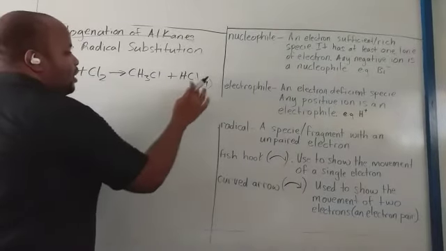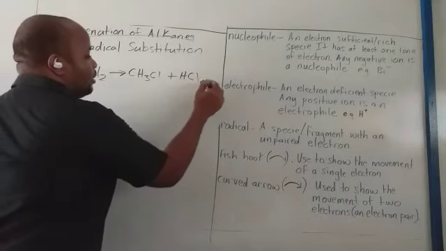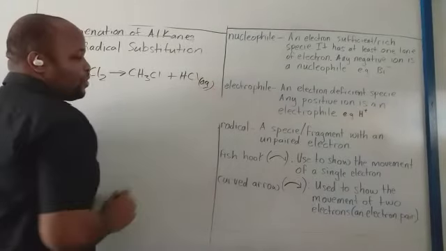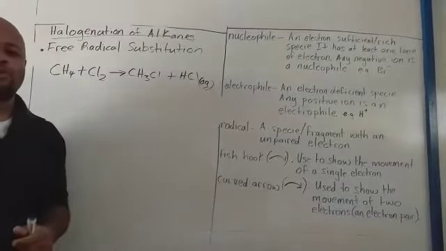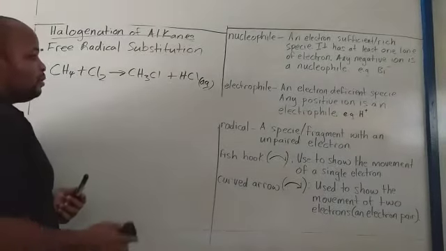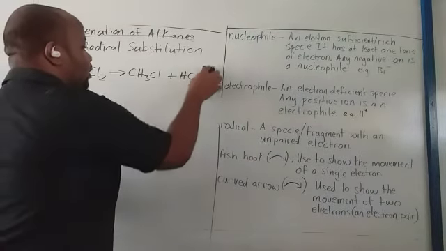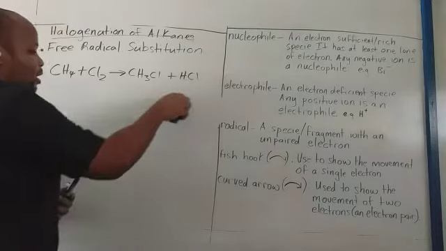If you dissolve the gas in water, so now you have a solution, that's when it becomes hydrochloric acid. So I'm just pointing that out. If it's a gas, it's hydrogen chloride, and if it's aqueous, it's hydrochloric acid.